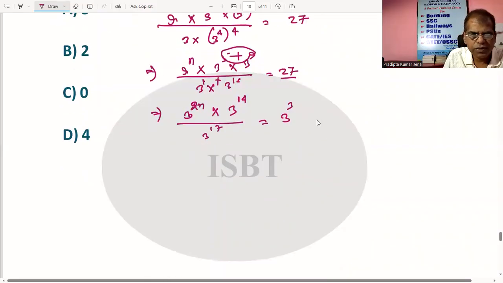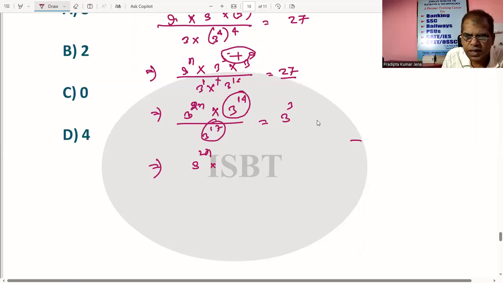So now in the next step we can write 3 to the power 2n into 3 to the power 14 over 3 to the power 17. So the power should be minus. We know that a to the power m divided by a to the power n is equal to a to the power m minus n.